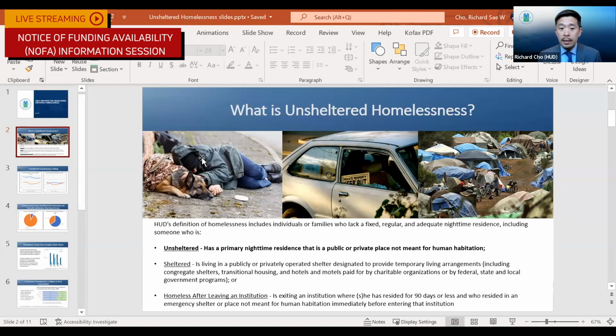That could be literally on the sidewalk or the streets. It could be in parks. It could be in vehicles, or I think more so these days, it means people who are in encampment settings. And then, of course, people who are in sheltered settings, we consider homeless, as well as people who are leaving an institution where they have been there less than 90 days.